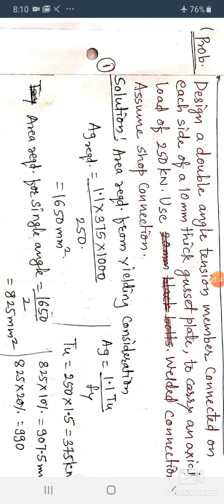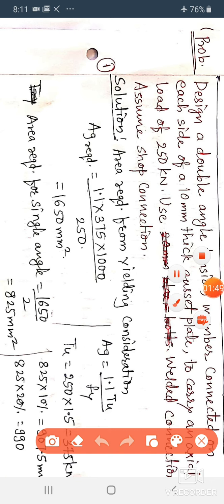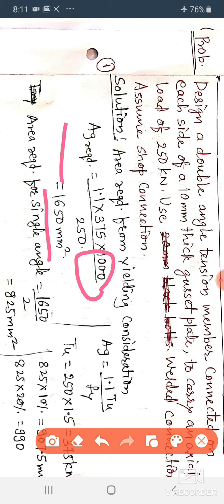So the gross area required, AG required, substitute in the formula: 1.1 into 375 into 1000. This 1000 is because I have converted the kilonewton into Newton, because Fy is in Newton. So divided by 250, I got the area required as 1650 mm square.